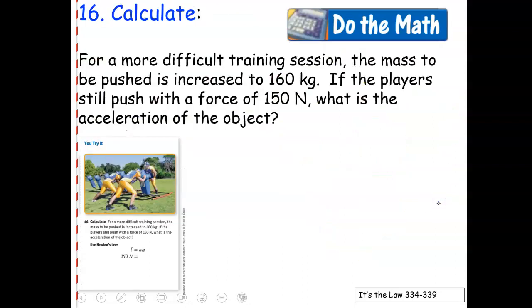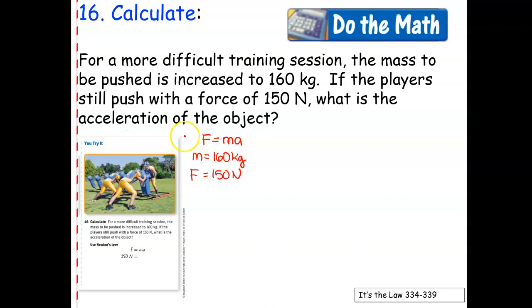Okay, now we have another problem. In this problem, more mass is added to add a little bit more challenge to the football players' workout. So we start with F equals MA, and we know that the mass equals 160 kilograms, and the force equals 150 newtons.